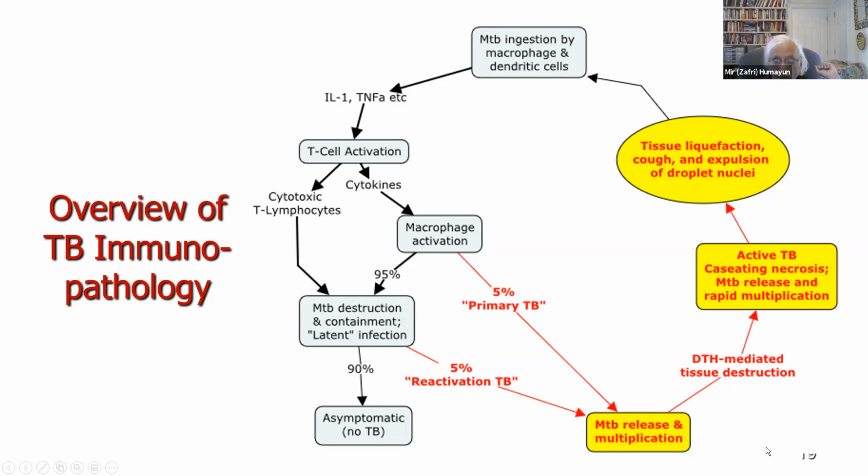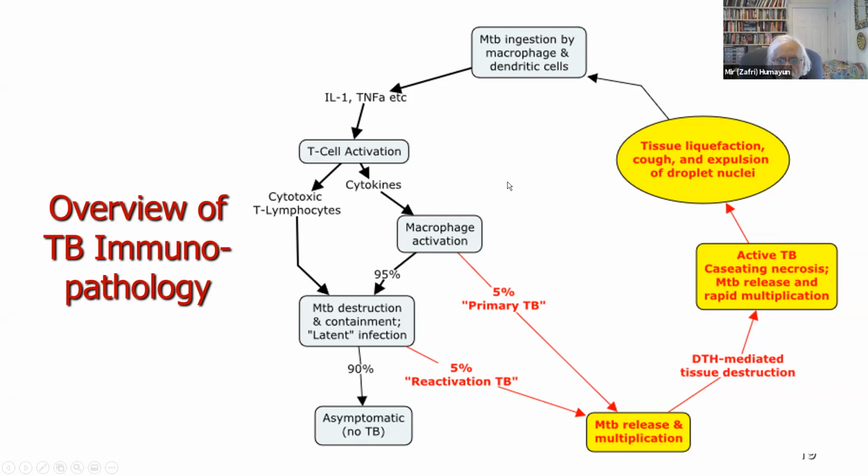When MTB is allowed to multiply again, either as a result of primary TB or reactivation TB, ultimately there is delayed type hypersensitivity mediated tissue destruction, and that leads to so-called caseating necrosis and bacterial release and extensive tissue damage, cough, and expulsion of droplet nuclei containing MTB. So restarting the cycle. This is an overview of the immunopathology.